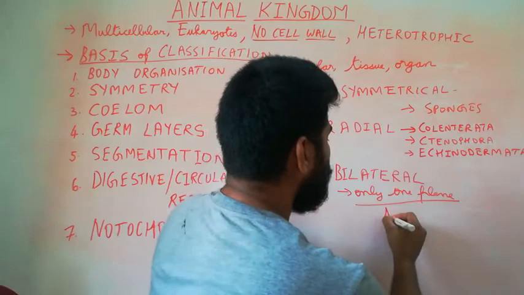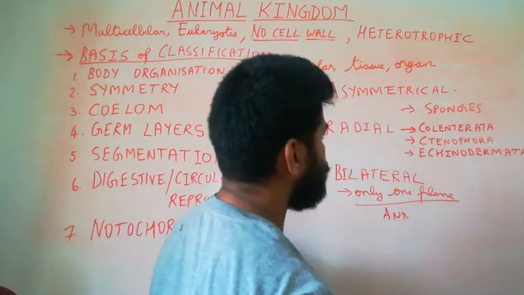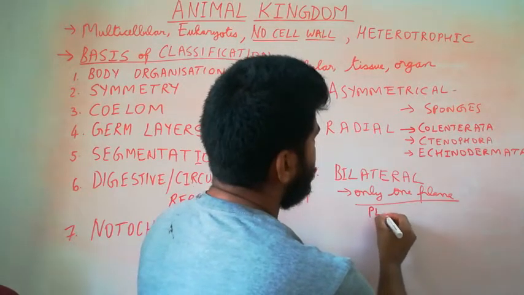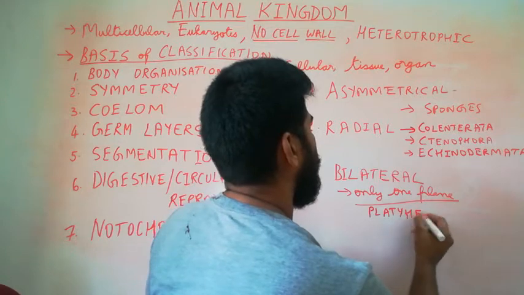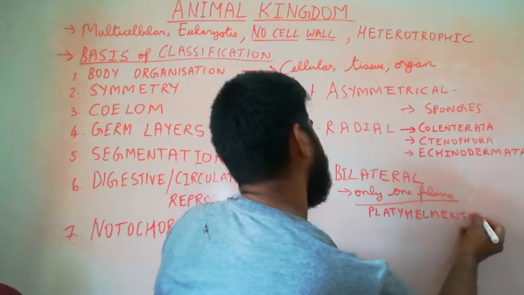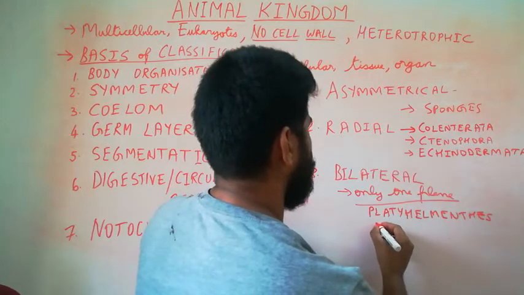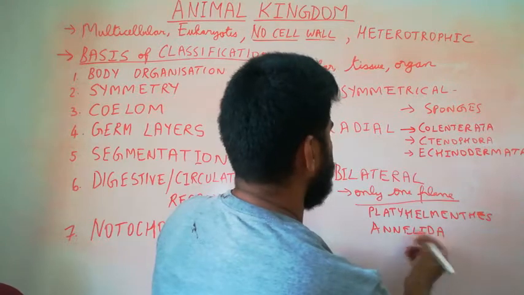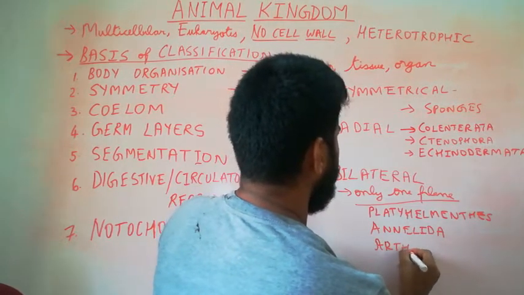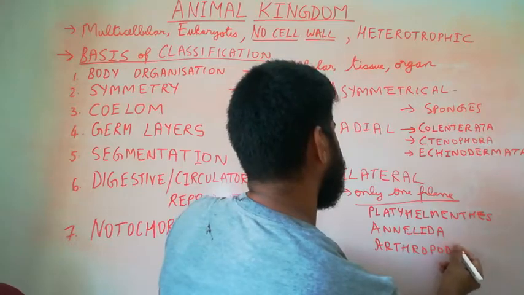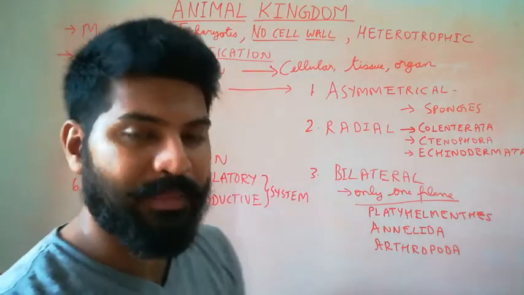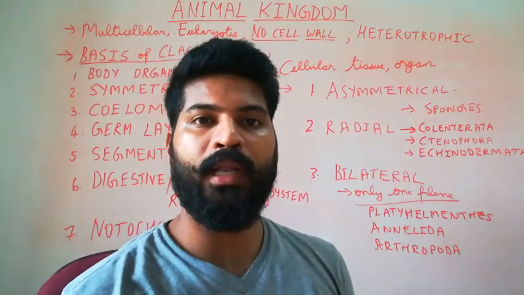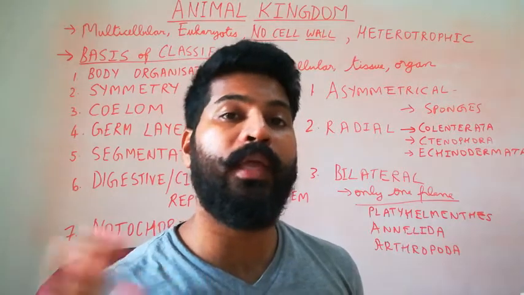So all the animals, that is from flatworm onwards, so from Platyhelminthes, Annelida, Arthropoda, Mollusca, human beings, all of them have bilateral symmetry. For example, an imaginary plane of axis passing through the vertical axis can divide us into two equal halves.